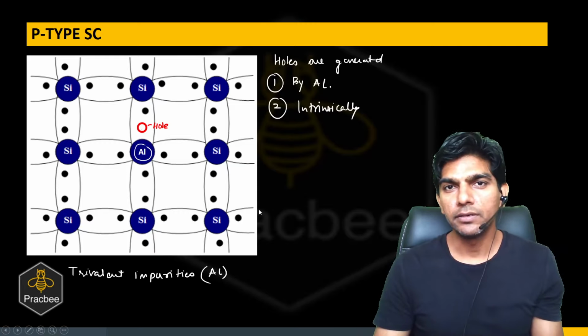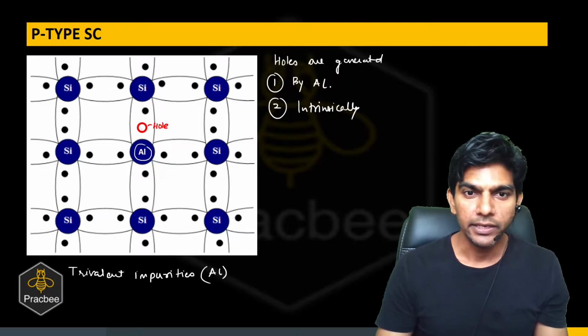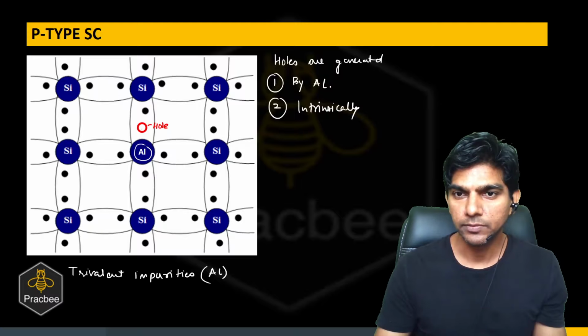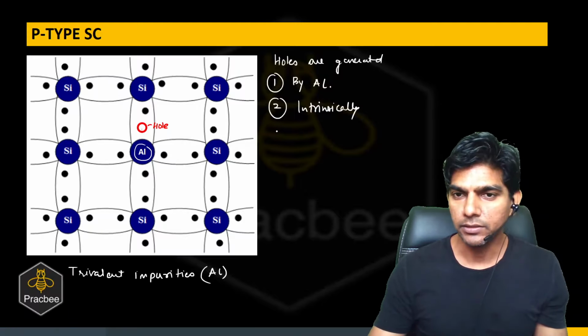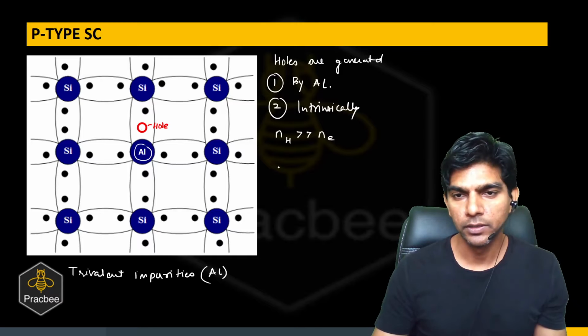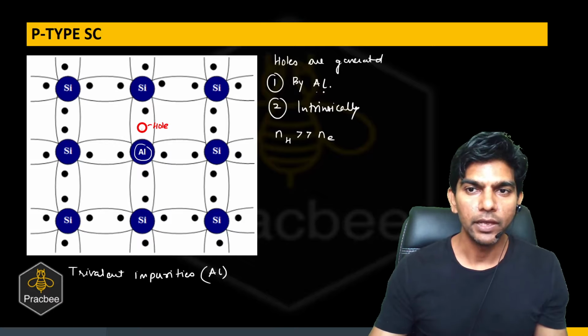Can you see the concentration of holes will be large in comparison to the concentration of electrons? And again, the concentration of electrons will further go down due to the recombination process. So in P-type semiconductor, the concentration of holes will be very large in comparison to the concentration of electrons, and the majority of the holes are due to aluminium atoms.